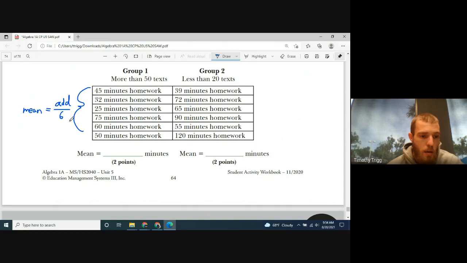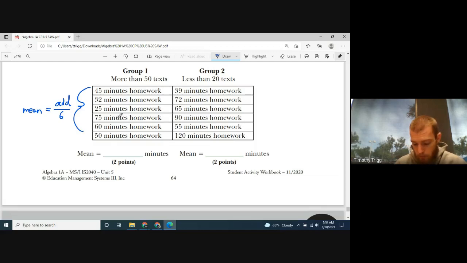Okay, this 6 can change. In our case, it's a 6 because there's 6 data points. But if there was 20 data points, you'd divide by 20. However many data points there are. Okay, so let's go ahead and do that.